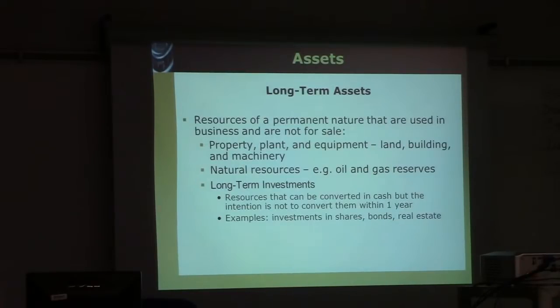They lump everything together into one asset line called property, plant, and equipment. And then in the notes section, which is after all the financial statements, you will break down what is actually in the property, plant, and equipment. As I said, on the face of the balance sheet, you will only have one of these as the major asset.